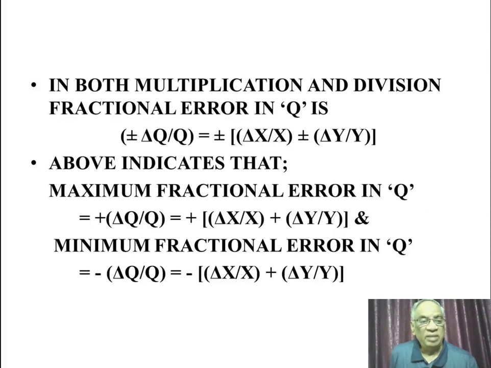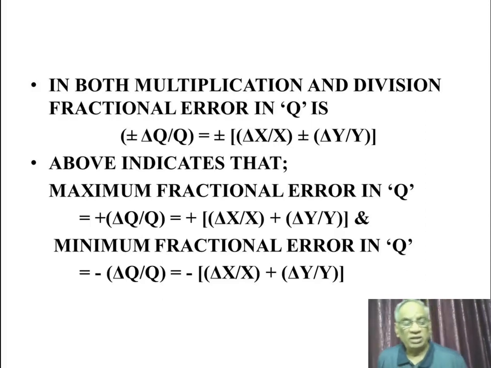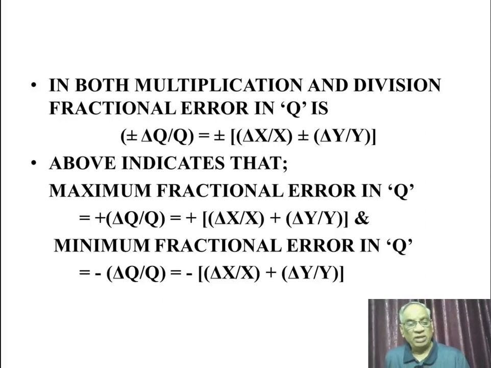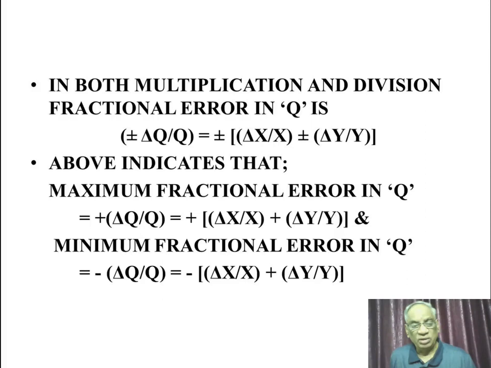In both multiplication and division, the maximum fractional error is given by plus delta q by q is equal to plus of delta x by x plus delta y by y. And the minimum fractional error in q is given by minus delta q by q is equal to minus of the summation of both fractional errors in x and y, that is minus of delta x by x plus delta y by y, as shown in this slide.